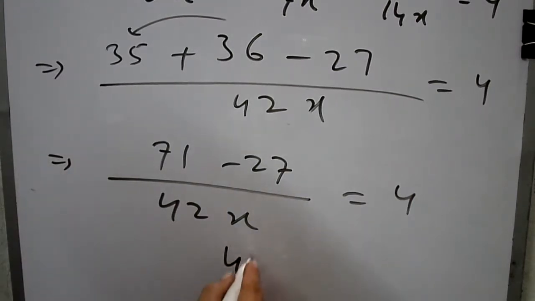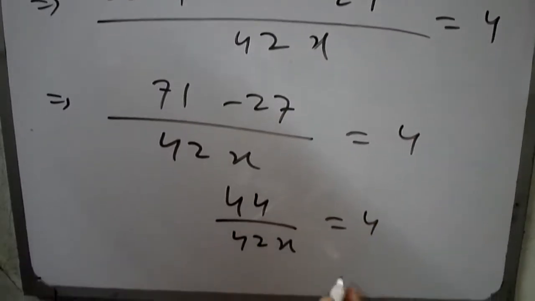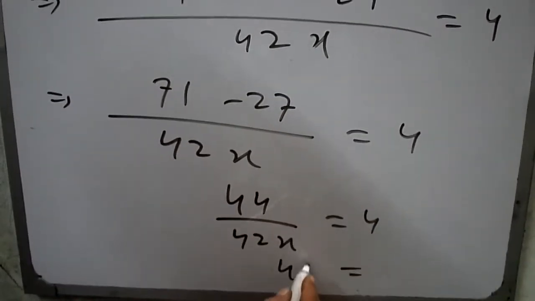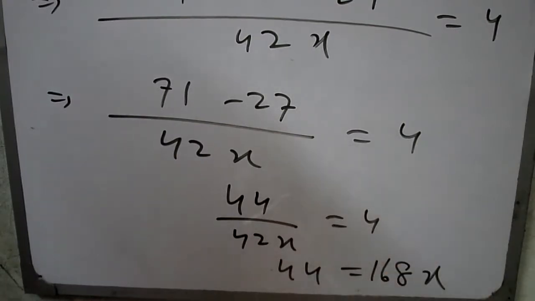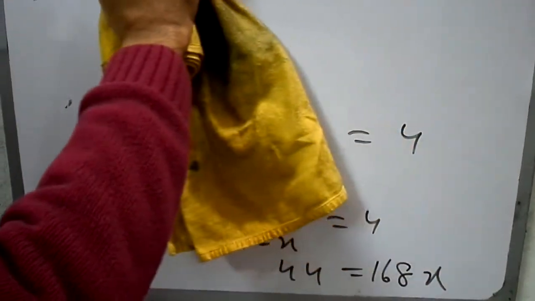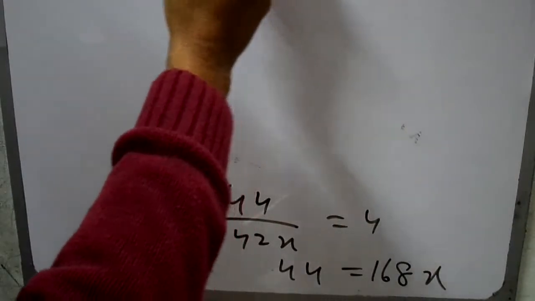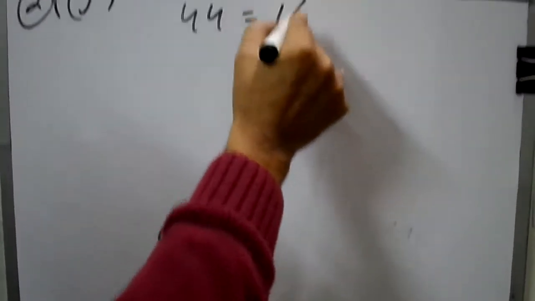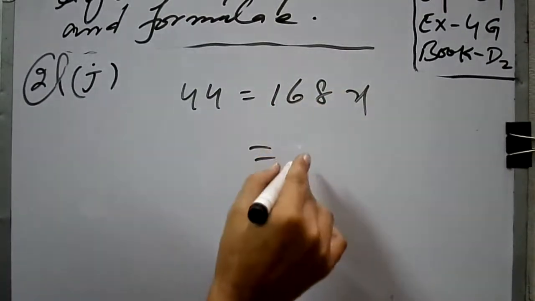So 44 by 42, x is equal to 4. By using cross multiplication you will get 44 is equal to 168x, but you need the value of x, so it means 44 is equal to 168x, so you need the value.